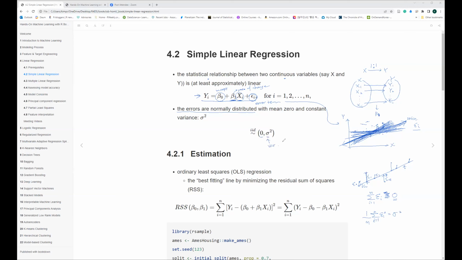So in linear regression, we assume that the error is normally distributed and highly random. That's the basic assumption of linear regression.